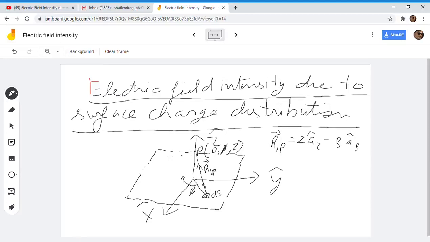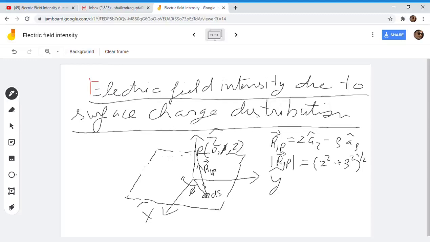That's why we have cancelled out this phi by taking the P at the phi angle itself. So your mod of R1P will become z square plus rho square, root 2.